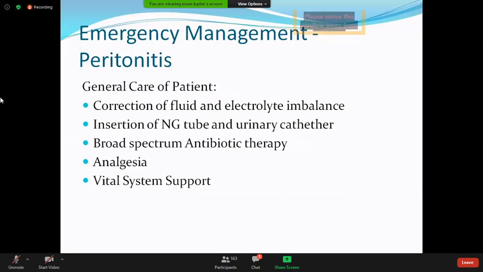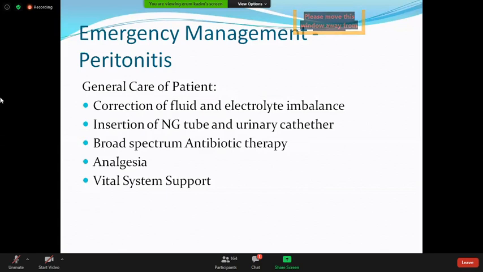We should start broad spectrum antibiotic therapy covering the aerobes and anaerobes to prevent endotoxemia. As these patients are in severe pain, we should provide analgesic support to them.